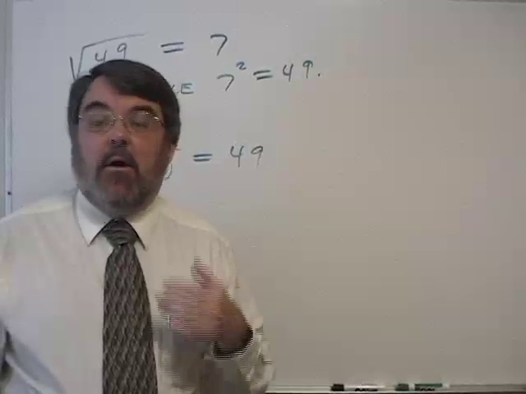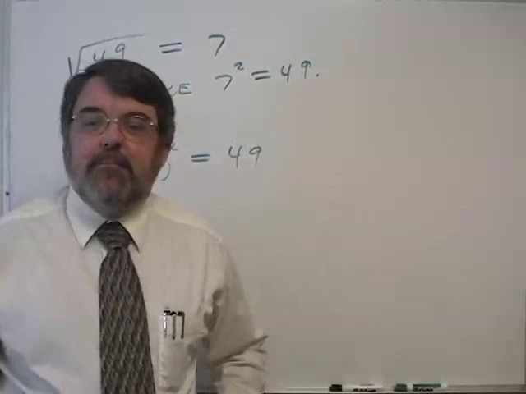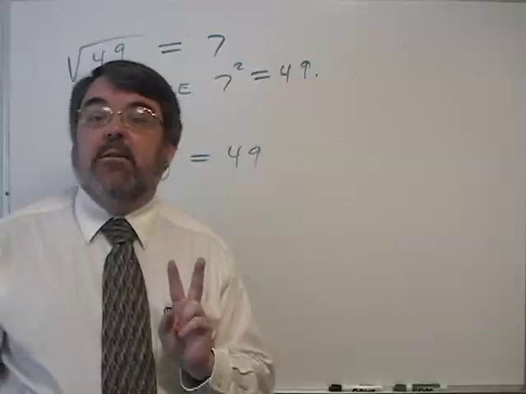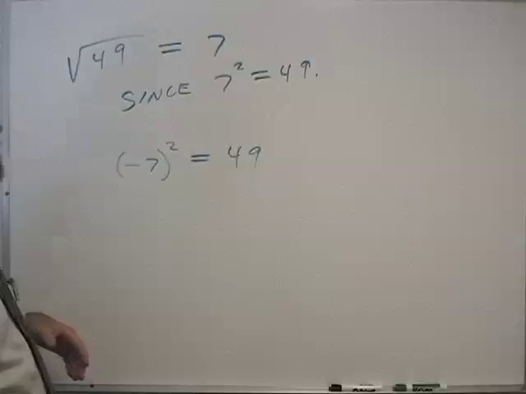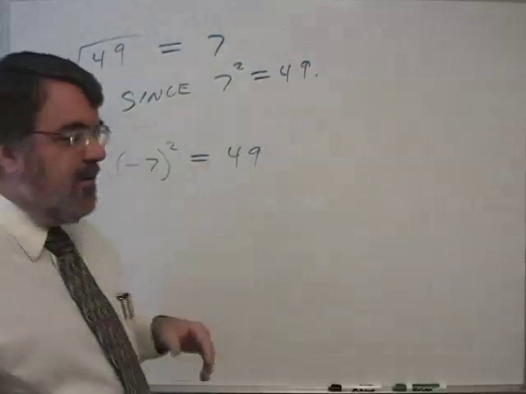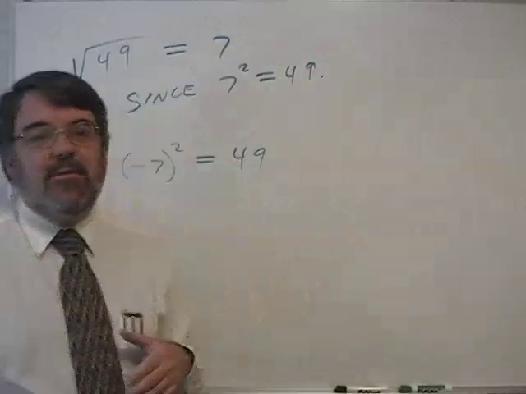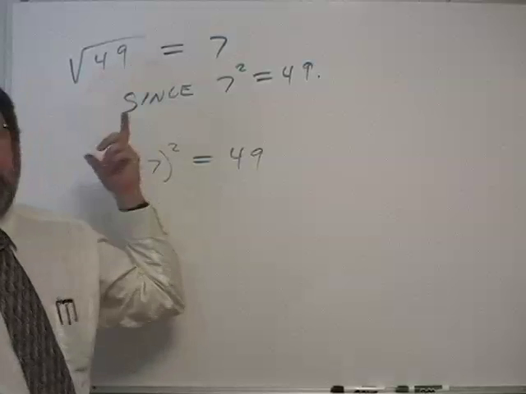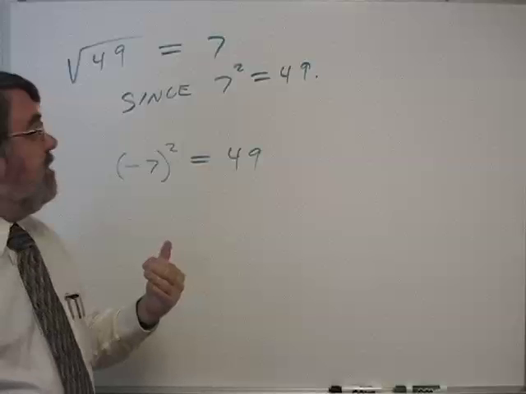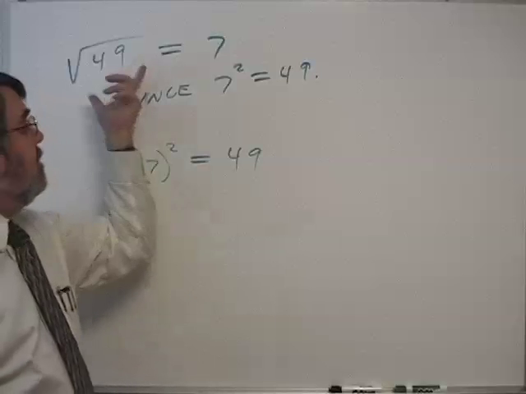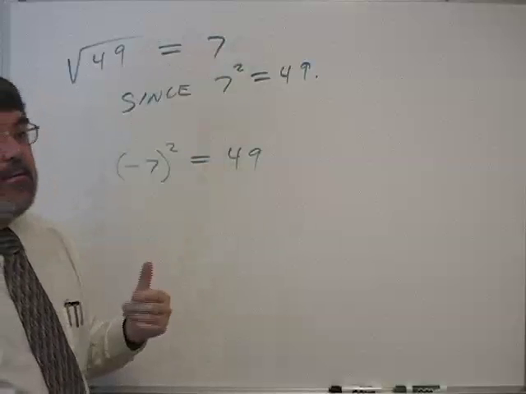And so all numbers except for number 0 have 2 distinct square roots, a positive and a negative. But here it gets a little technical, because when we use the square root sign, or the radical sign, by convention, we declare this to be a positive number.